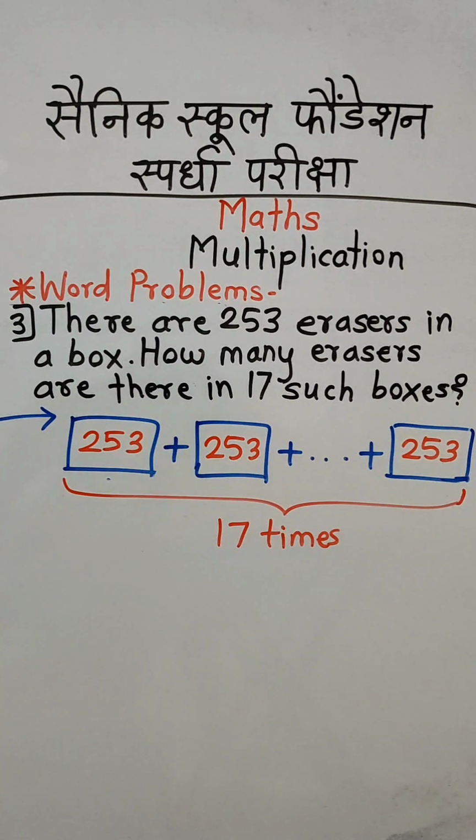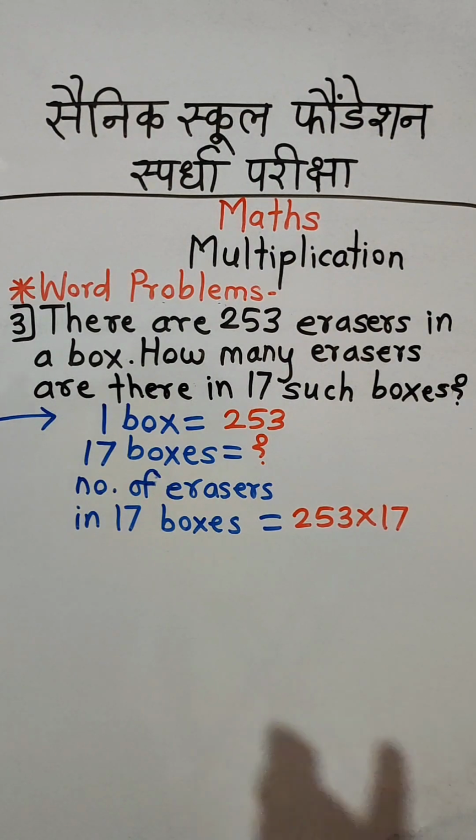Repetition of the same number means we have to do multiplication of 253 and 17 to get the total number of erasers in 17 boxes. That is, we have given there are total 253 erasers in one box, and we have to find the total number of erasers in 17 boxes. To find it, we should multiply 253 and 17.